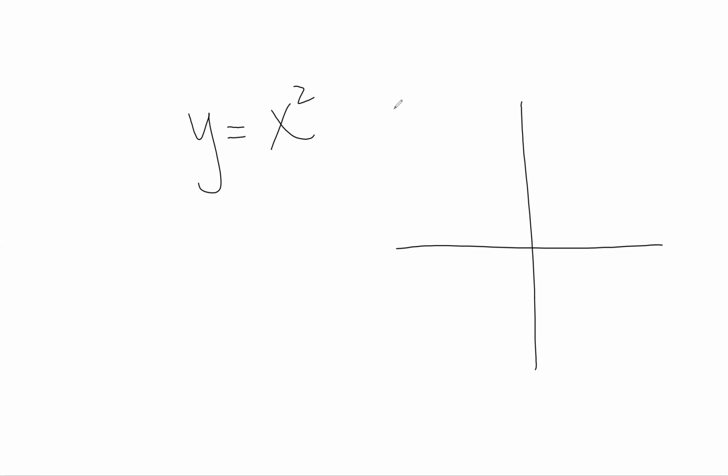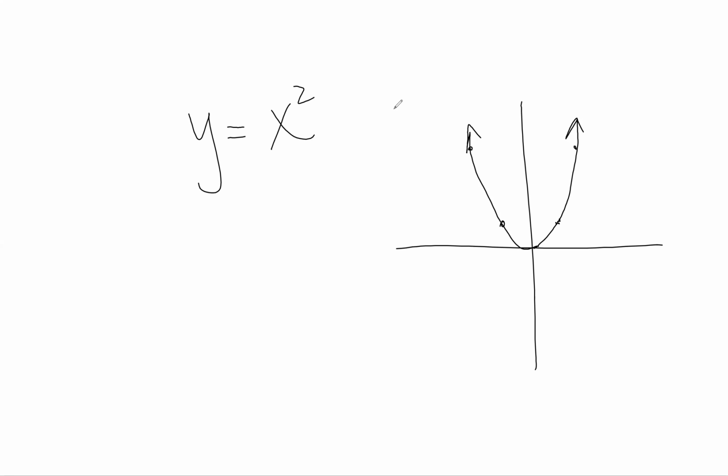It's going to go like this. It goes through the points 1, 1, negative 1, 1, 2, 4, and negative 2, 4. Those are the basic points we want to start off with for y equals x squared.